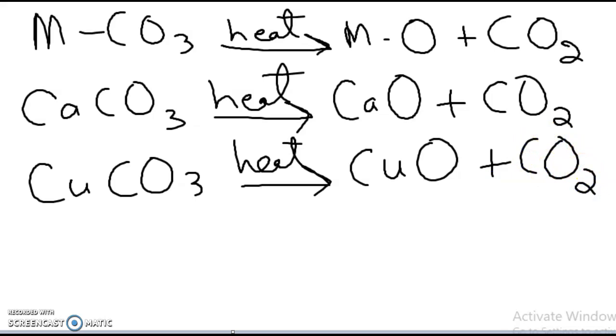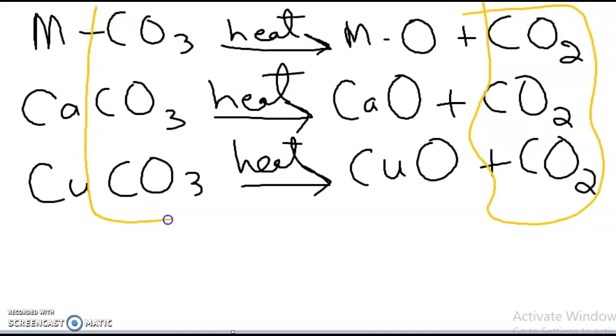What we can see here is carbon dioxide is common in all the reactions, and carbonate is also common, which means if a metal carbonate is heated, it will always form a metal oxide and carbon dioxide.